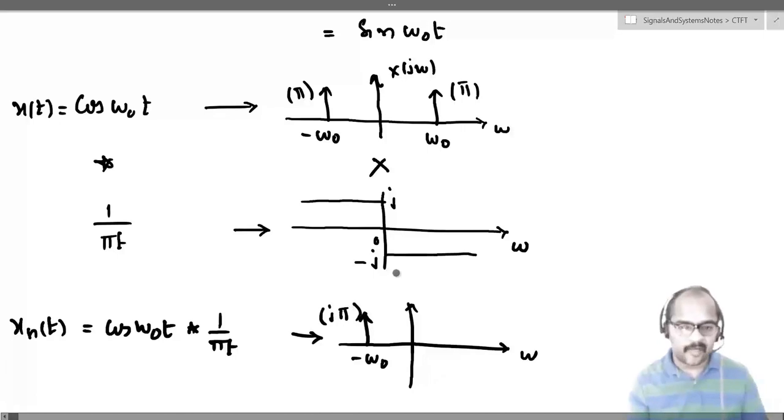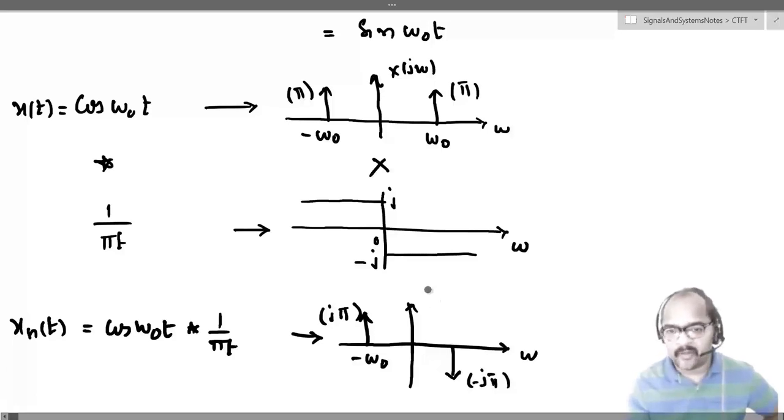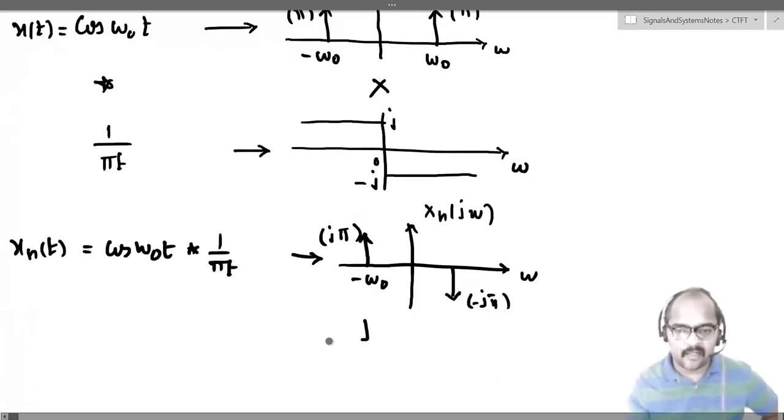But at plus omega naught the Dirac delta strength is pi, and the amplitude of the function is minus j. So you get a Dirac delta of strength minus j pi. So this would be our xh of j omega. Clearly, we know that sine omega naught t will have this as the Fourier transform.